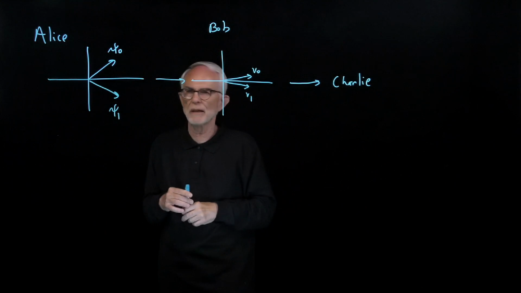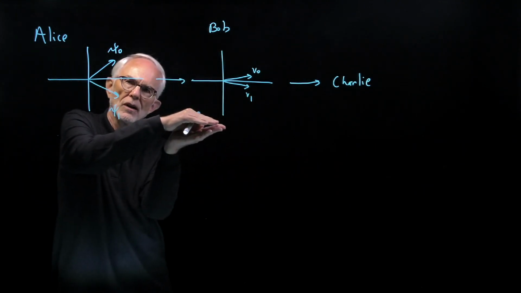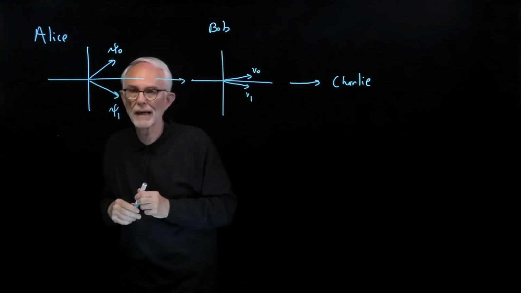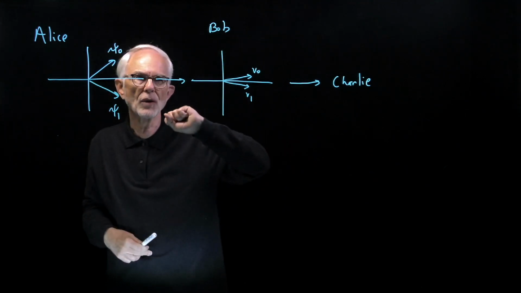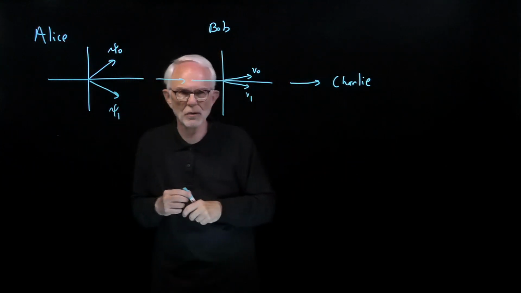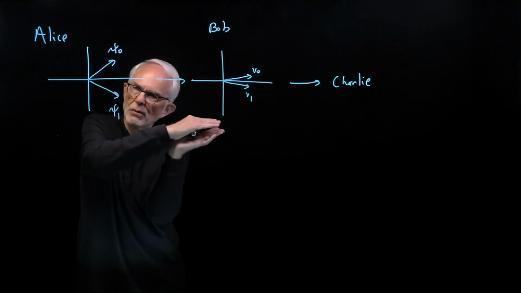Now you notice the way I've drawn this is that V0 and V1 are closer together than psi0 and psi1. And that's in fact exactly what happens, because by removing information from the qubit, Bob makes these states harder to discriminate. So the closer the states are together, the harder it is to tell them apart.